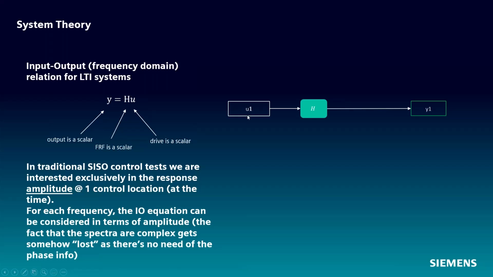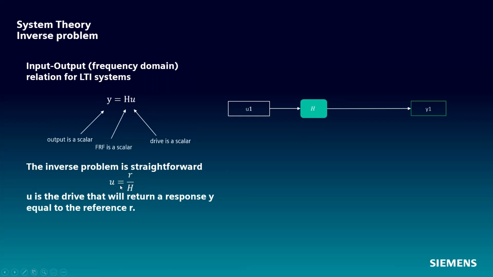You have this drive multiplied by the transfer function, that's going to get you your responses, or what's actually happening is you feed this back and figure out what your next drive has to be, versus this reference spectrum here. Again, you're basically inverting this transfer function, dividing the reference by that inversion to get your next drive.